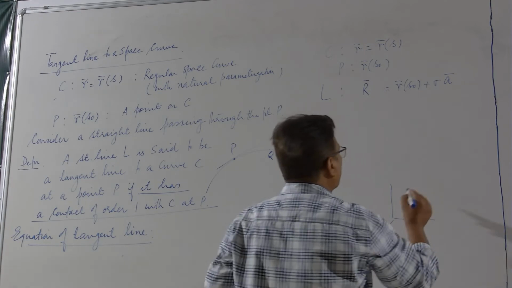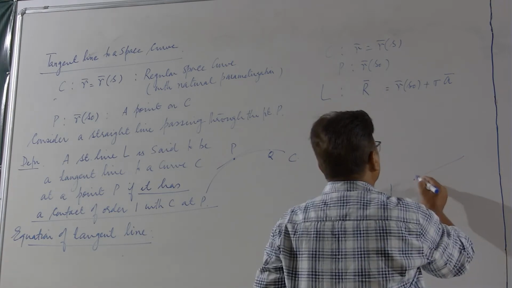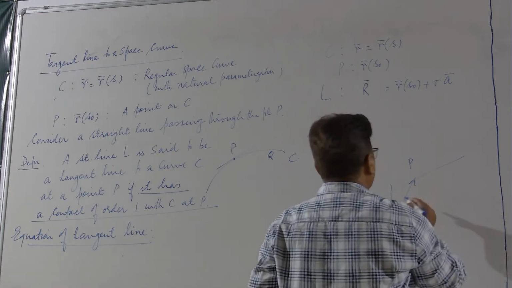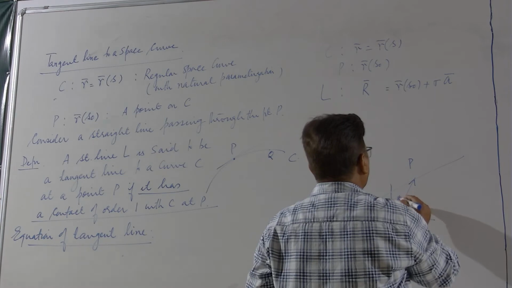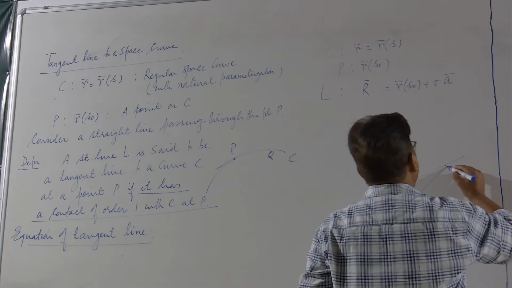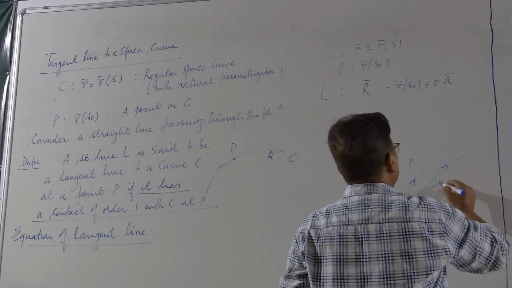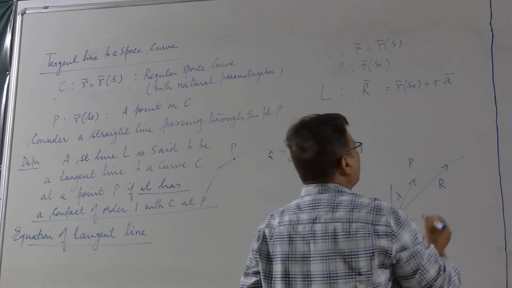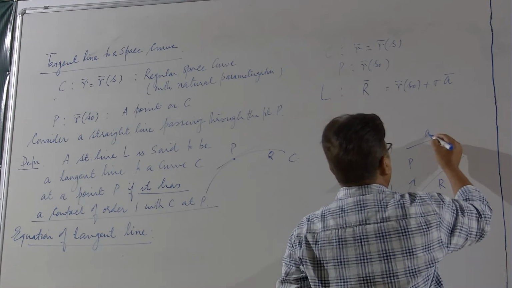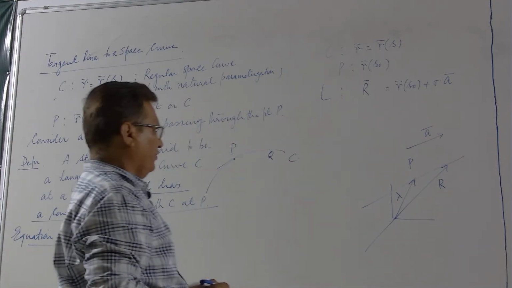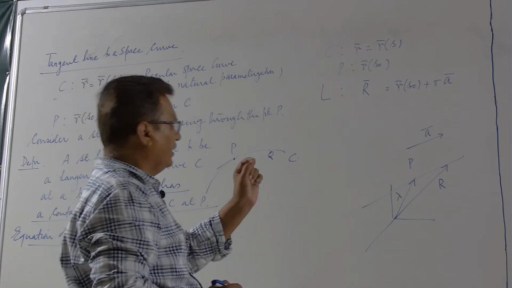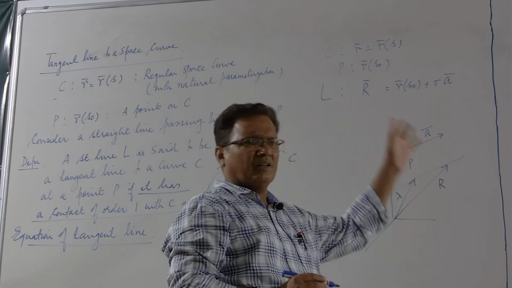Suppose you are given a line which passes through a point P whose position vector is, say, lambda, and suppose the position vector of an arbitrary point is capital R, and suppose this line is parallel to a certain vector A. If you are given two things about the line, the point from which it passes and the vector to which it is parallel, you can write down its equation.